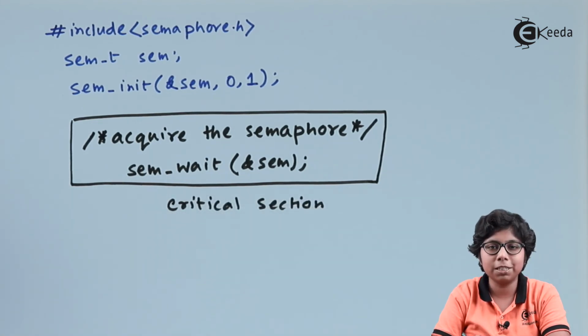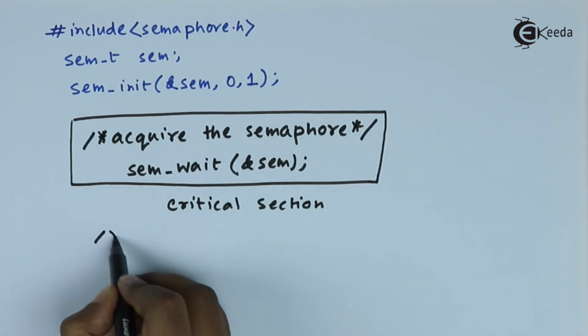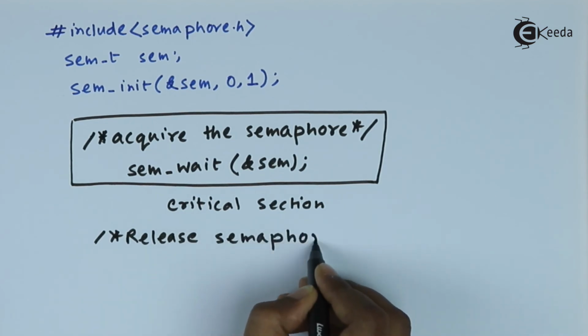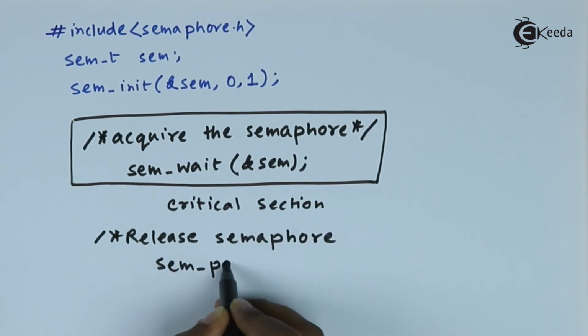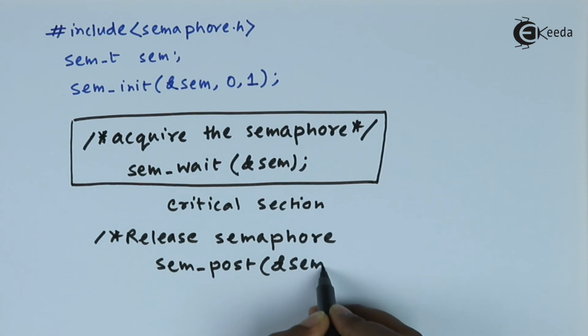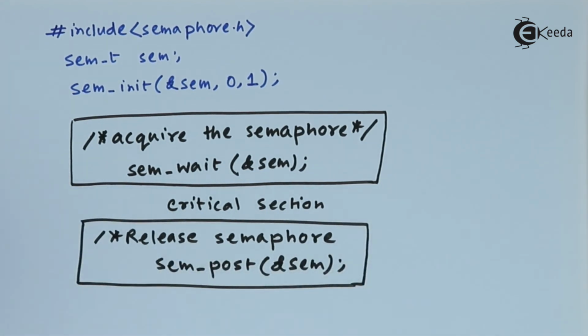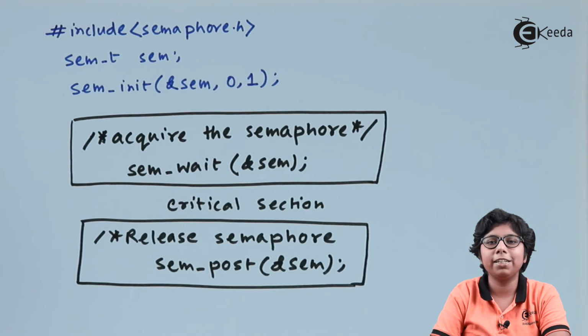Now to release the semaphore, we will use the sem_post function. It will be included in the exit section of this code.